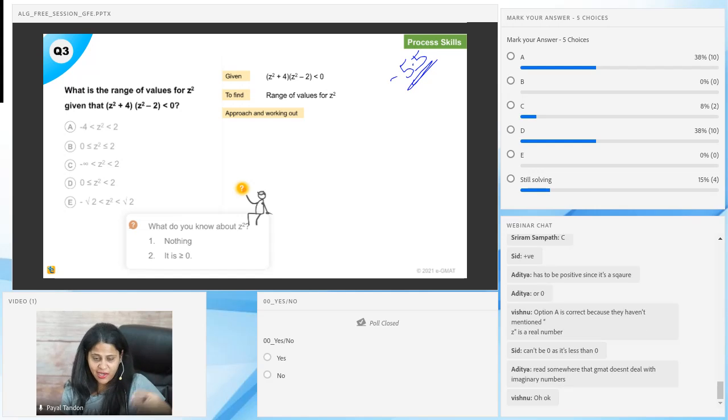Your denominator can never be zero. Your square of a number can never be less than zero. All those conceptual constraints come from the fact that on GMAT everything is real. And think about it. GMAT is a very application oriented test, right? In day-to-day applications we don't deal with imaginary numbers.